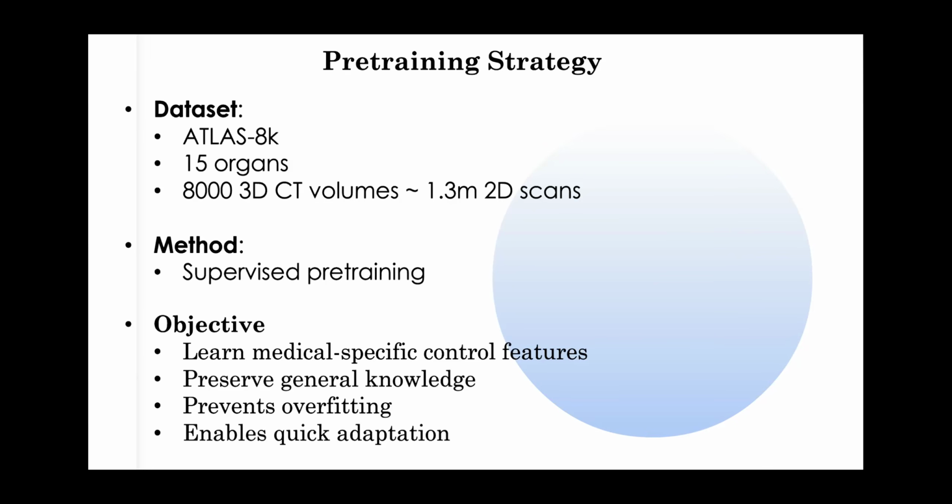Why we use Atlas 8K is that we have seen that with more samples we get more generalizability towards the pre-trained diffusion models for the medical tasks. Because these diffusion models are trained on natural images, and we just want that information from natural images to transfer to the medical domain actually.